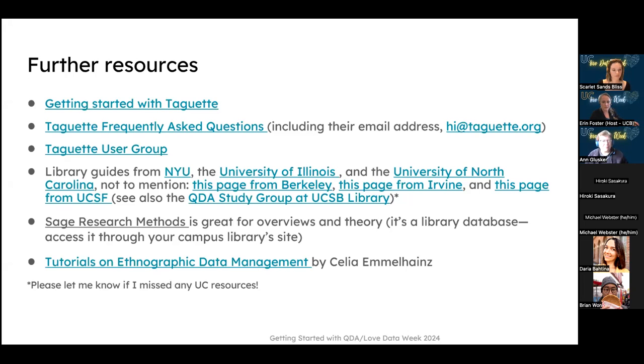Sorry. I want to call out SAGE Research Methods, which every campus has, so you should be able to look at that. It's a database that you should be able to reach through the library, and you can search qualitative data analysis. Some of the stuff will be old, and luckily my feeling is that when I read the older stuff for qualitative data analysis, the essence of what it is is still in place.